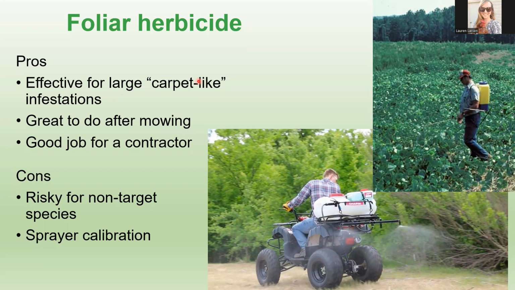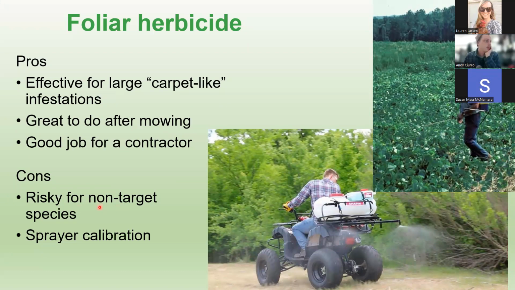Obviously you're going to need a heavy infestation for this to be effective. Otherwise, you run the risk of spraying your natives and non-target species, and you need to calibrate your sprayer, which can be a little daunting if you're just getting into this. It can be an ATV mounted thing like this.